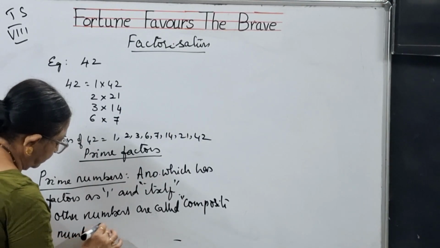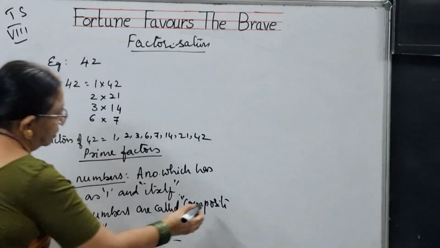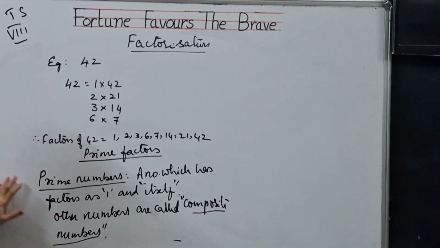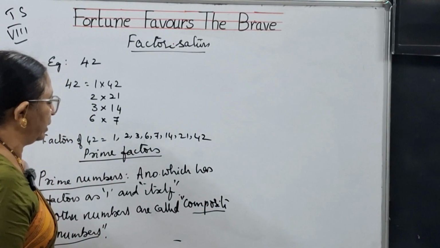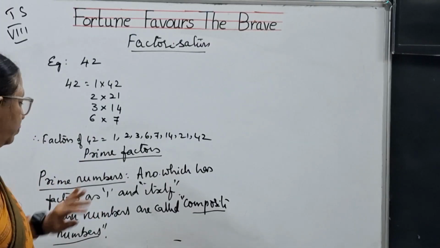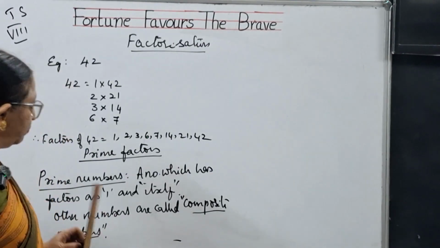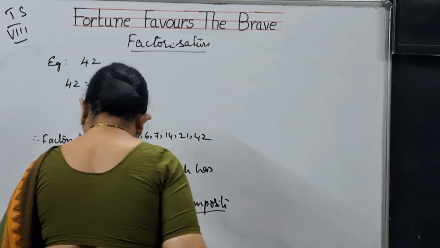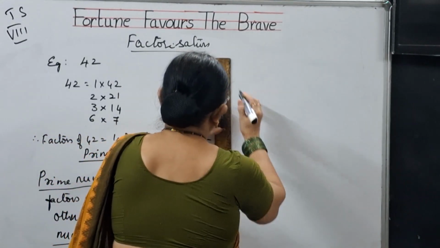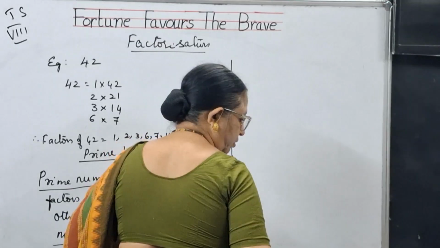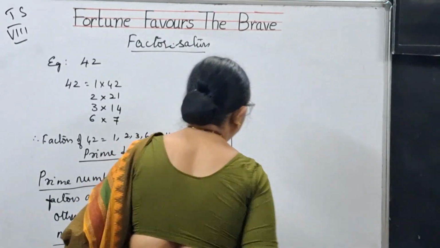So, this is only a recollection, children. What are prime numbers? What are composite numbers? You know already, just a brushing up of your knowledge. So, we are going to talk about prime factors. Suppose in your textbook you have got the number 70.